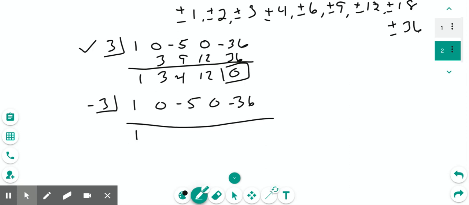So we go 1, -3, -3, -9. Oh, sorry, that's +9. There's 4, there's -12, -12, +36, which comes out to be 0. So -3 works.